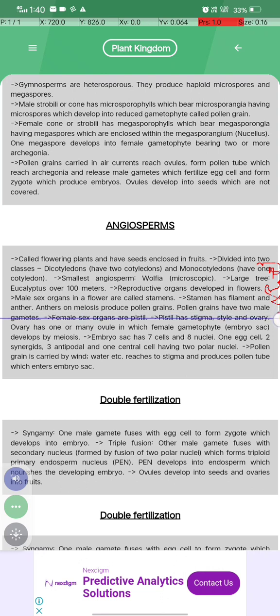Pollen grains have two male gametes, and the female sex organ is the pistil. The pistil has stigma, style and ovary. The ovary has one or many ovules in which the female gametophyte, the embryo sac, is developed by meiosis. The embryo sac has 7 cells and 8 nuclei: 1 egg cell, 2 synergids, 3 antipodals, and 1 central cell having 2 polar nuclei.